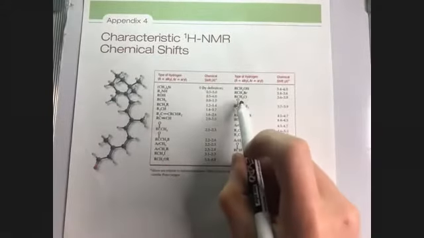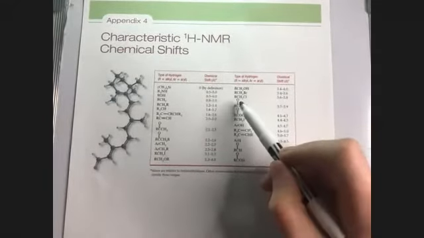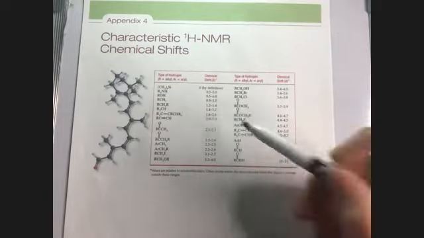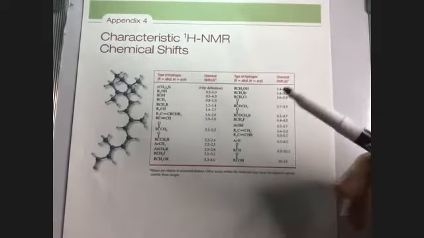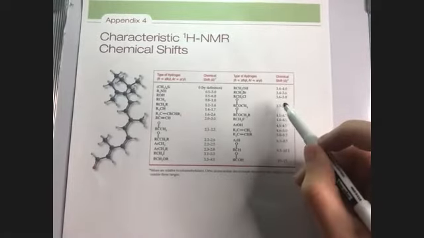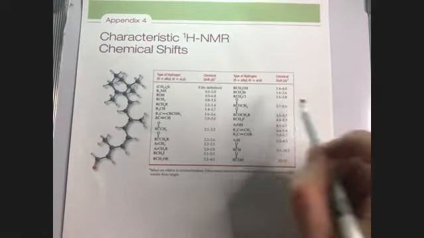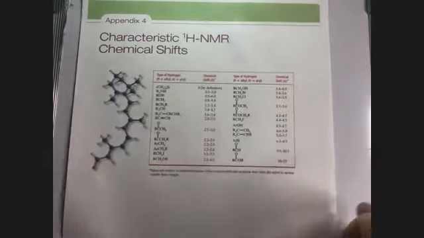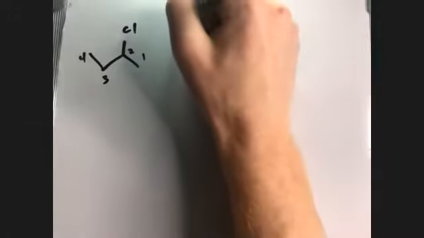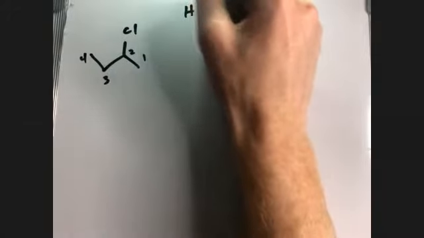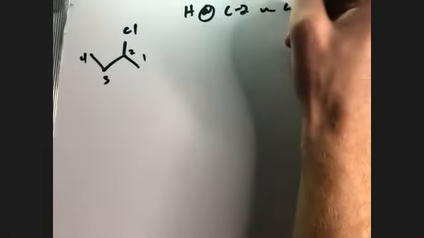Notice that this isn't identical to what we have because this is a CH2 group and we have a CH group. So we would expect our CH group to be slightly more downfield than the CH2 group. So I would expect our peak for the hydrogens at carbon 2 to be around 4.